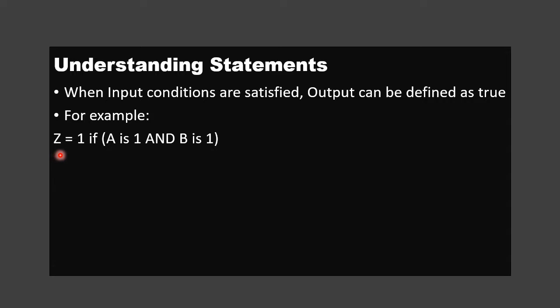In this, Z equals 1 can be inferred as an output, and A is 1 and B is 1 refers to the input. So what we can understand is that there are 2 inputs A, B, and one output Z. For Z to be true, A is true, B is true. There has to be an AND gate in between them. So this statement can be rewritten as Z equal A and B.